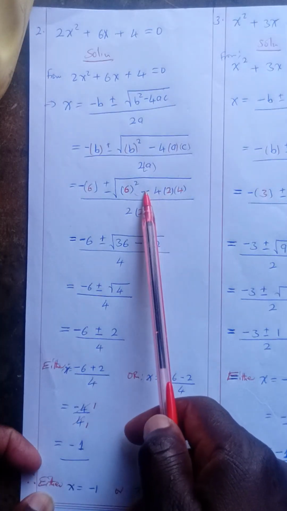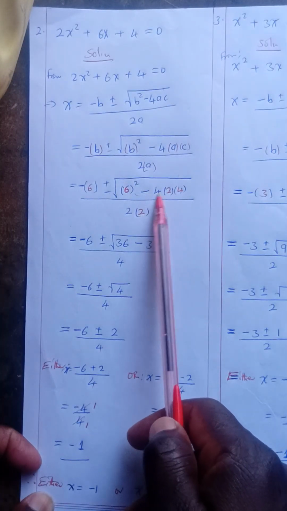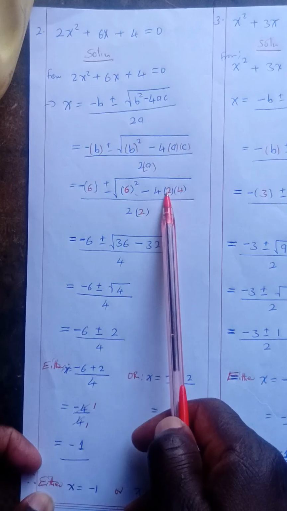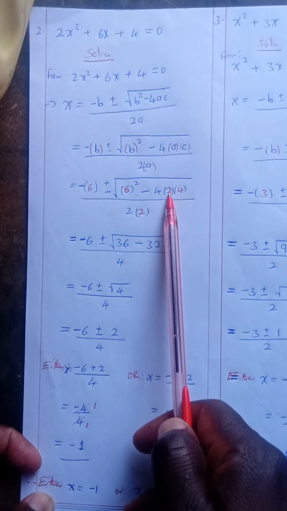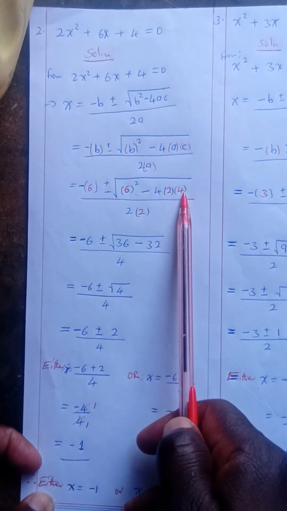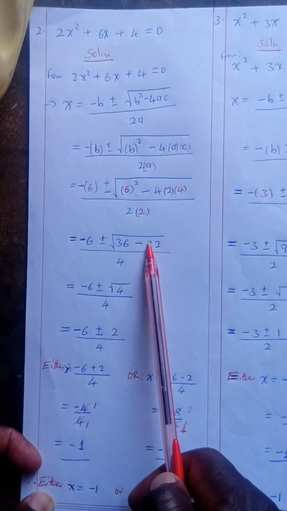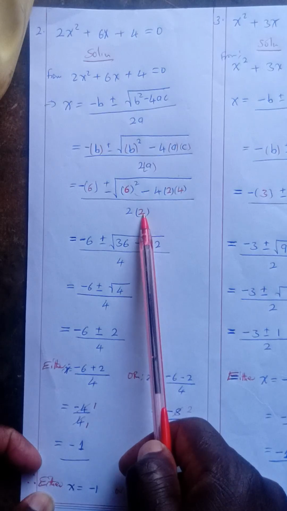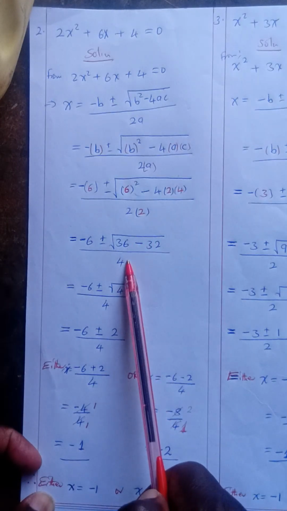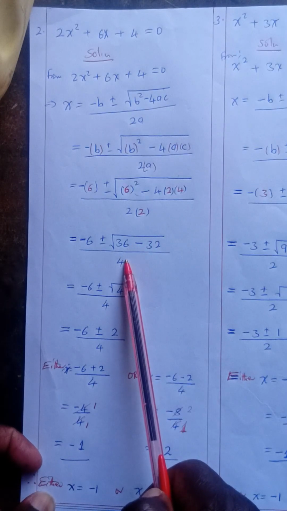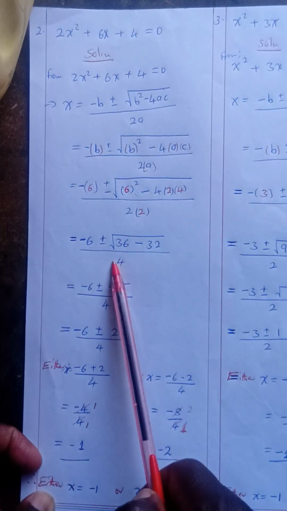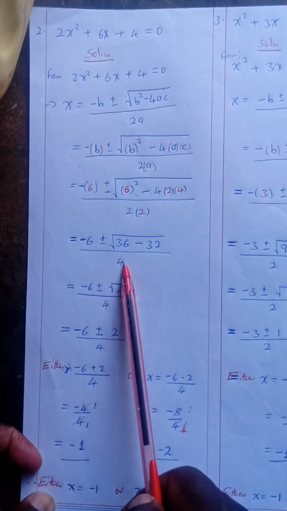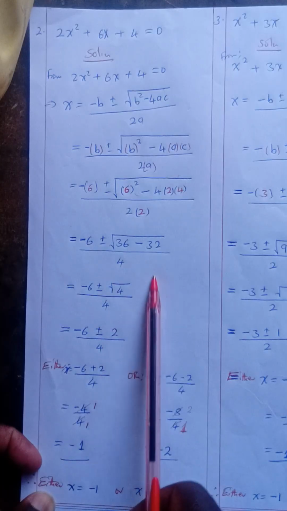Then here, we multiply negative 4 times positive 2, we get negative 8. Negative 8 times positive 4, we get negative 32. Then down here, positive 2 times positive 2, we get 4, which is positive 4. Since it is a positive, we don't waste time writing a positive because we all know that it is a positive.